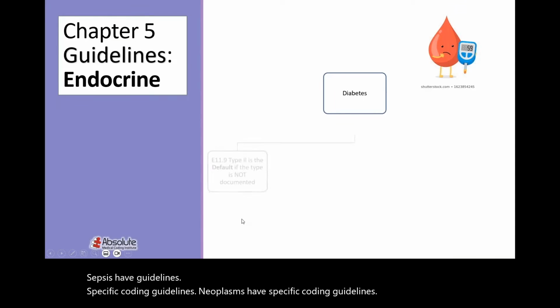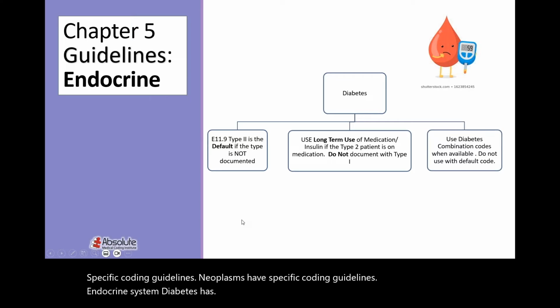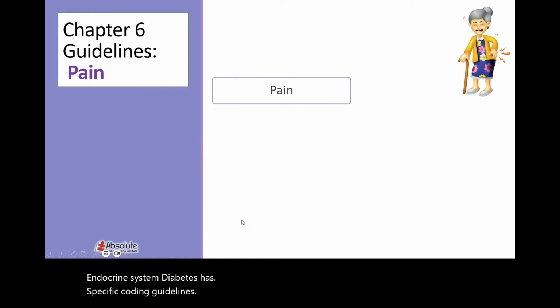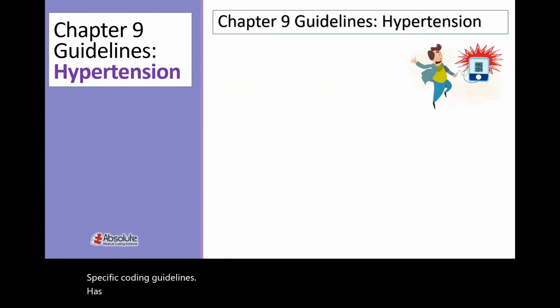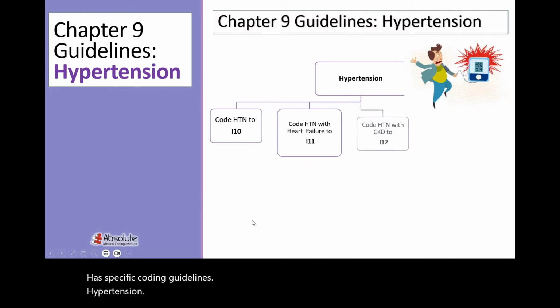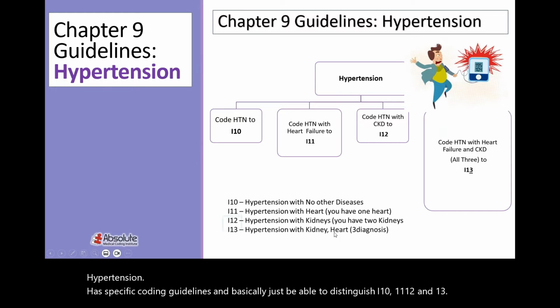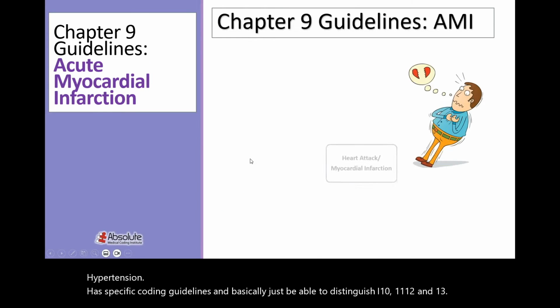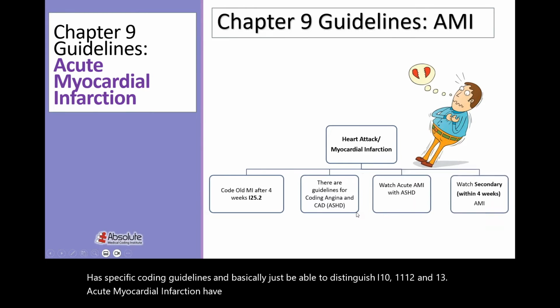Endocrine system, diabetes, has specific coding guidelines. Pain has specific coding guidelines. Hypertension has specific coding guidelines, and basically you just need to be able to distinguish I10, 11, 12, and 13. Acute myocardial infarction has guidelines.